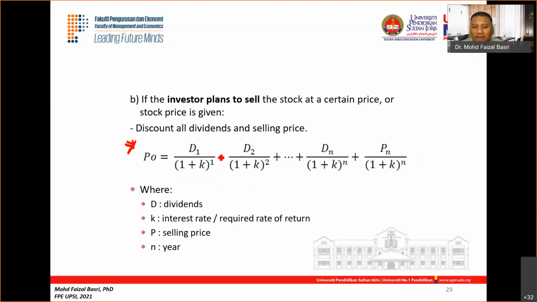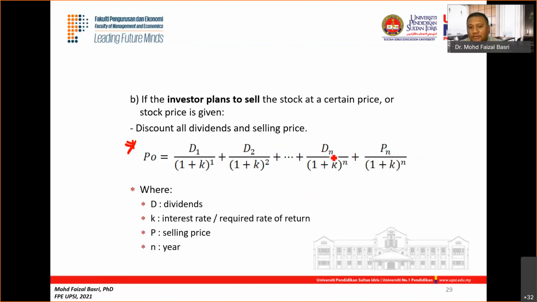Then we add the dividend for the second year, D2, divided by 1 plus K. Since this is for the second year, we power the 1 plus K with 2 as well. And if we have 3 years, then we add D3 over 1 plus K to the power of 3, and so on. That's why I put plus DN. N here refers to the final year of dividend that we calculate.